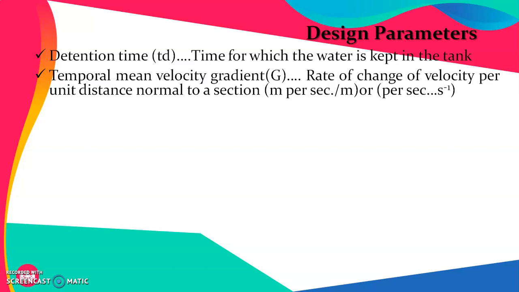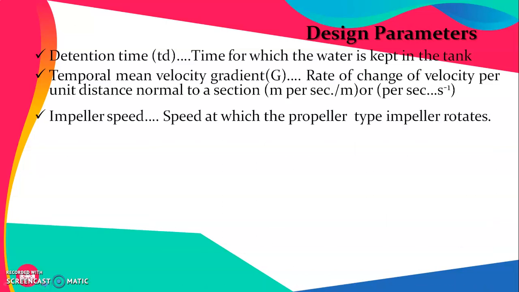The unit for this is meter per second per meter, as it is a rate of change of velocity per unit distance. Velocity is measured in meter per second, while distance is measured in meter. So ultimately, the final unit for the temporal mean velocity gradient is per second, popularly written as s raised to minus 1.